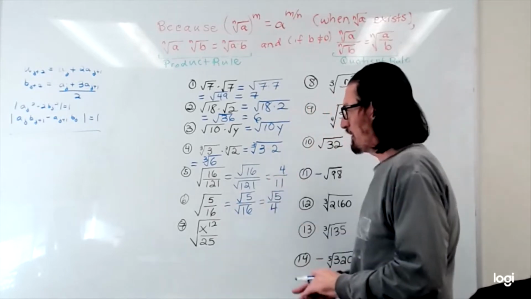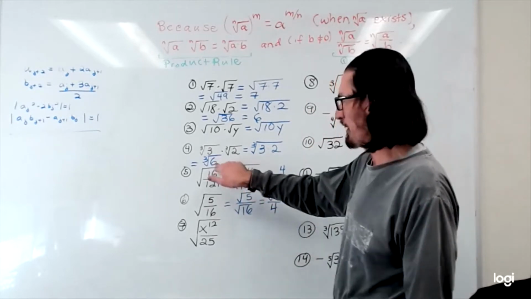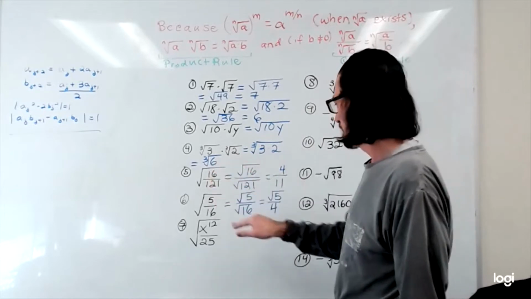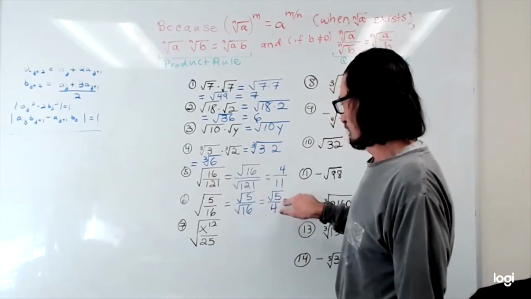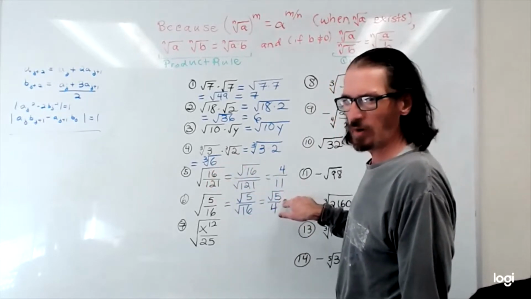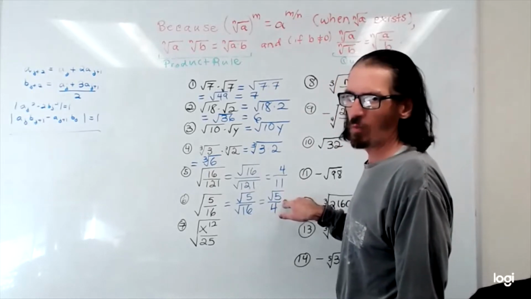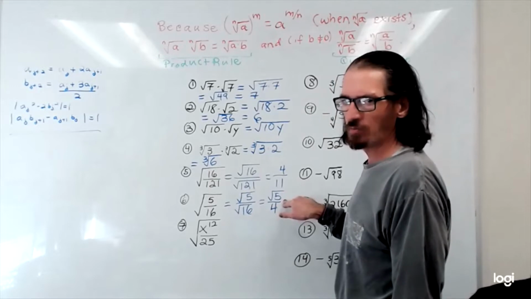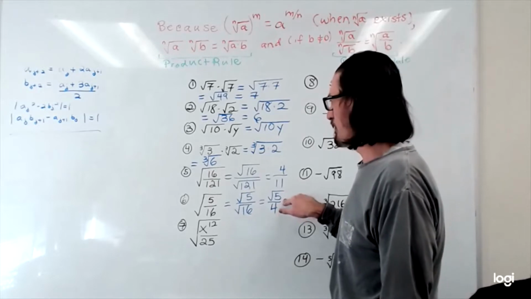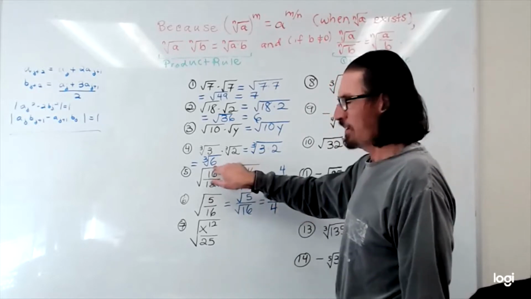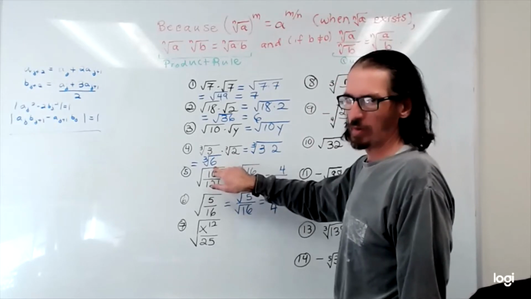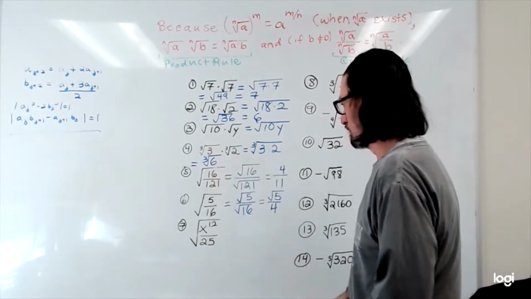To give a little bit of an explanation about why I didn't do anything more in number 4, 5 is not a perfect square, and its only perfect square factor is a 1. If I had a larger perfect square factor, I might have been able to do something. Here, the only perfect cube that goes into 6 is 1.